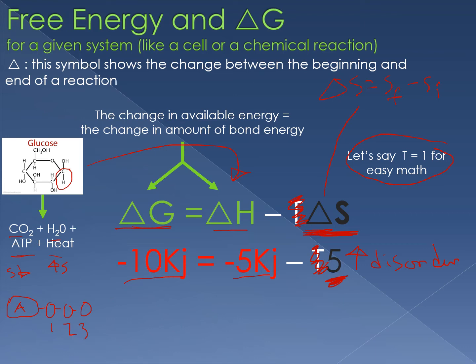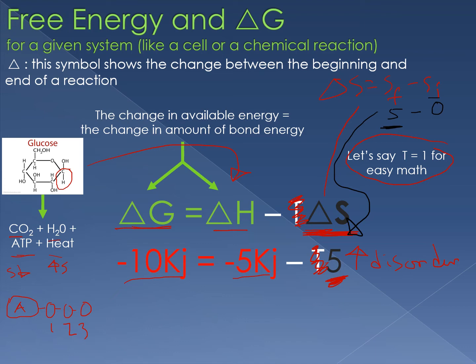So S sub I here, let's say that there's perfect order in this magical example, then the final is going to have to be 5. 5 minus 0 is 5. So hey, wow, aren't I a math whiz? So we get a delta S of 5 there, and a positive value for S means more disorder. Positive value is more disorder.